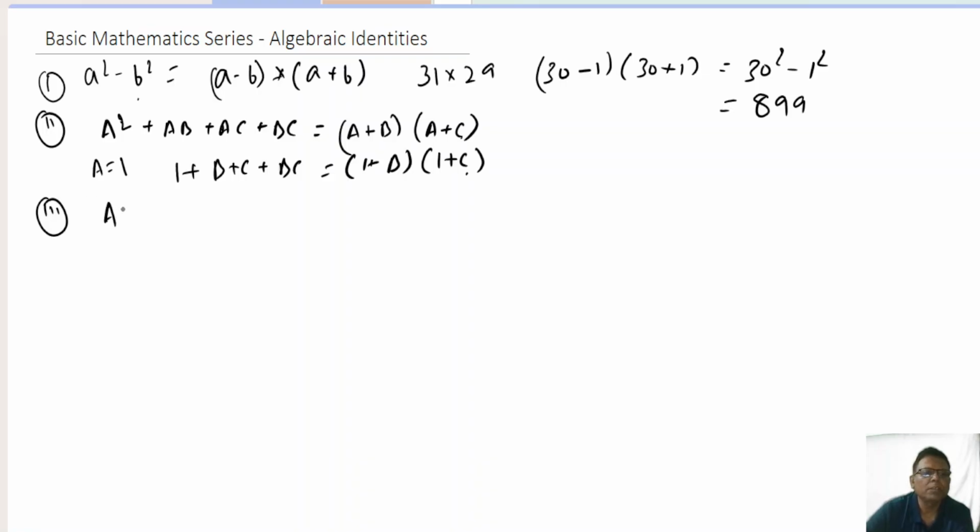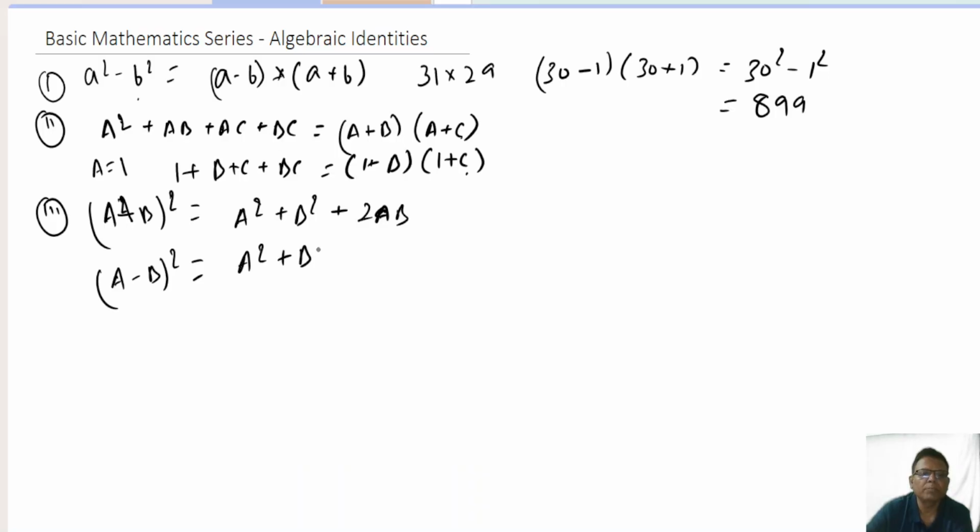Now third is a plus b the whole square is equal to a square plus b square plus 2ab, and a minus b the whole square is equal to a square plus b square minus 2ab. Now add both.